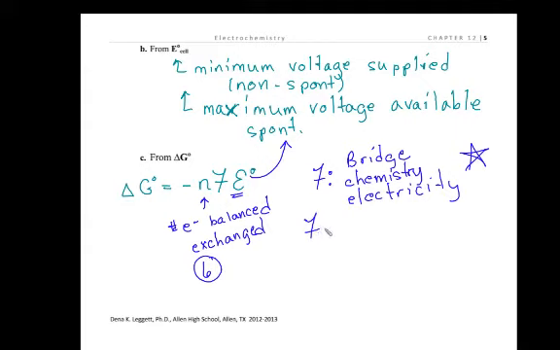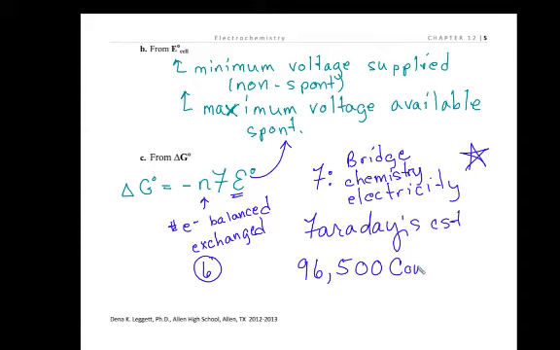F is Faraday's constant. When I was in undergrad, that was the name of our science hall. It was Faraday. So it's called Faraday's constant. And it is roughly 96, I think it's 96,495, but we can usually get away with 96,500 coulombs, which is a measure of charge, for every 1 mole of electrons.